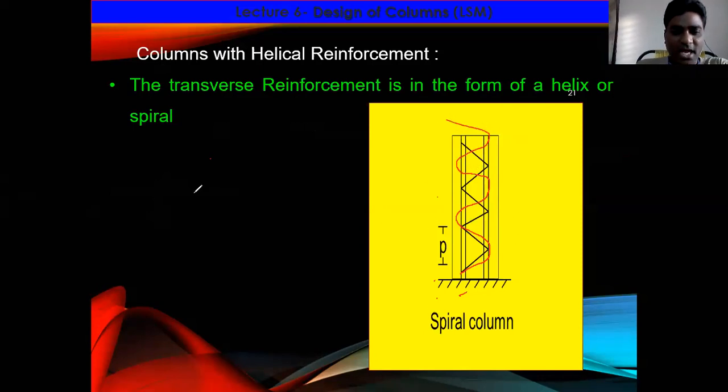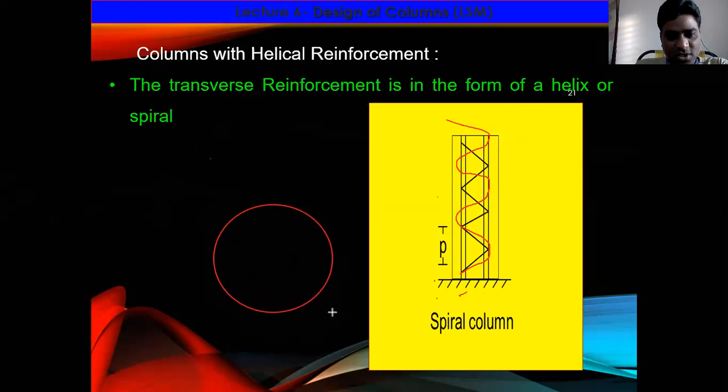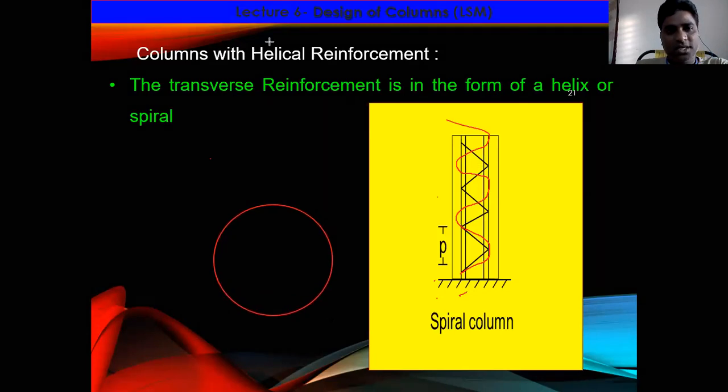So if you see the plan, yes, I would like to draw a plan. So if this is your column, and having bars, I will try to show.